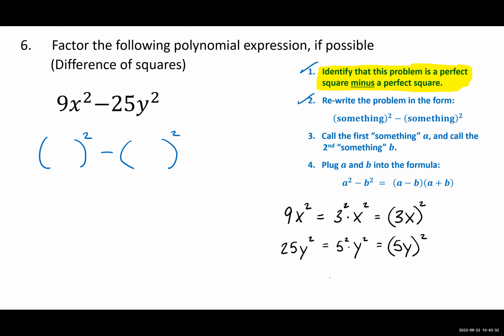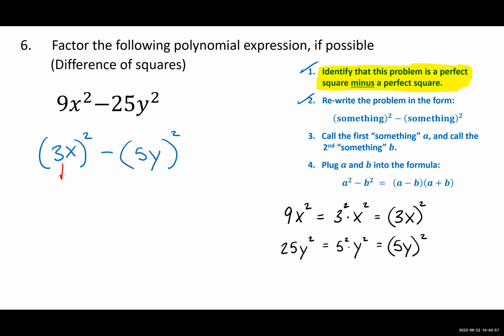That's step 2. So the first term, 9 times x to the second power, we could rewrite as (3x) in parentheses, all squared. 25y to the second power, we could write as (5y) in parentheses, and that's squared.